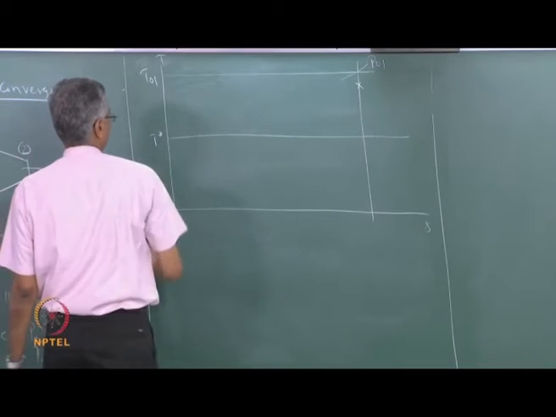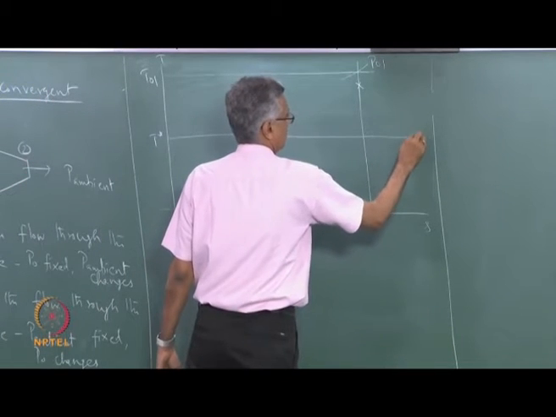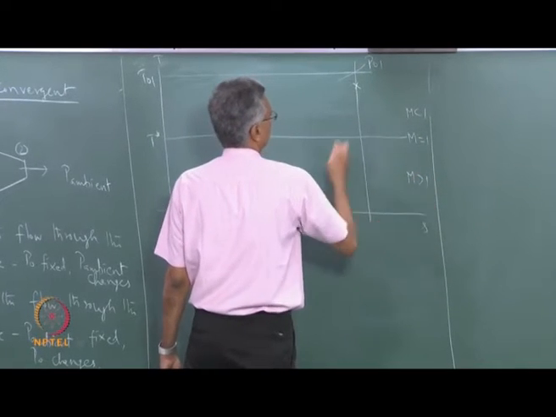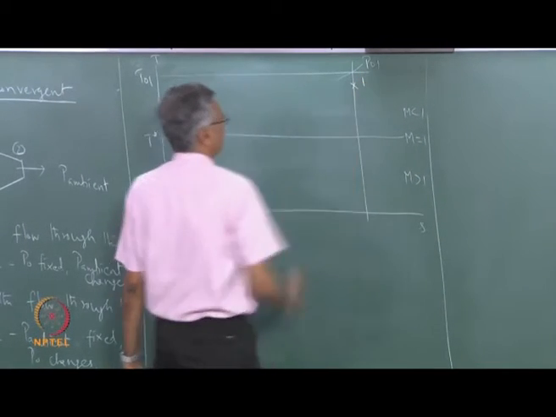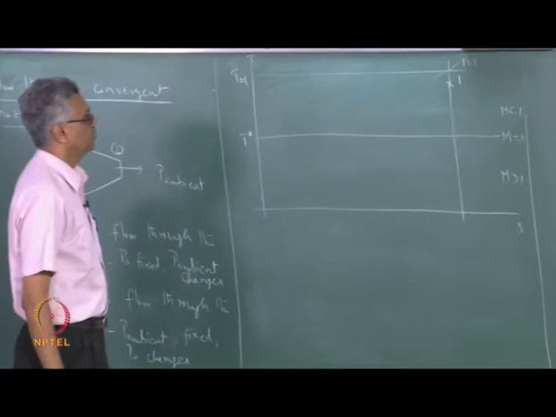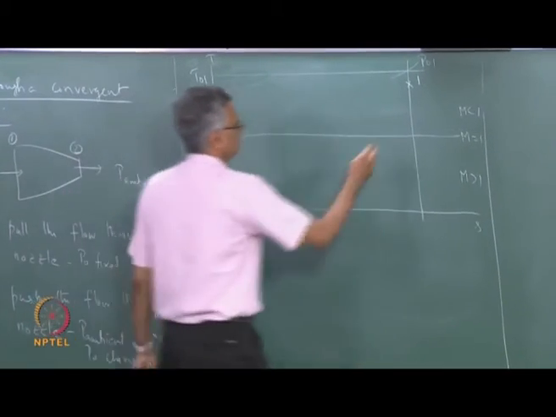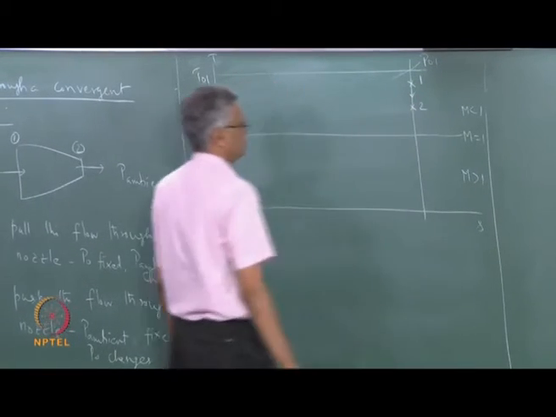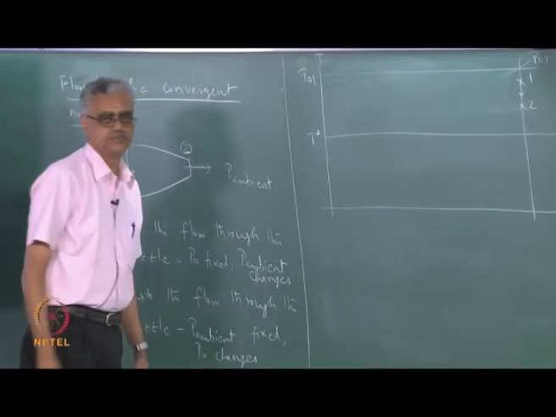This is my T star corresponding to M equal to 1, this is M less than 1, this is M greater than 1. Let us say this is my state 1. For some value of P0, I am establishing a flow. So the flow expands.